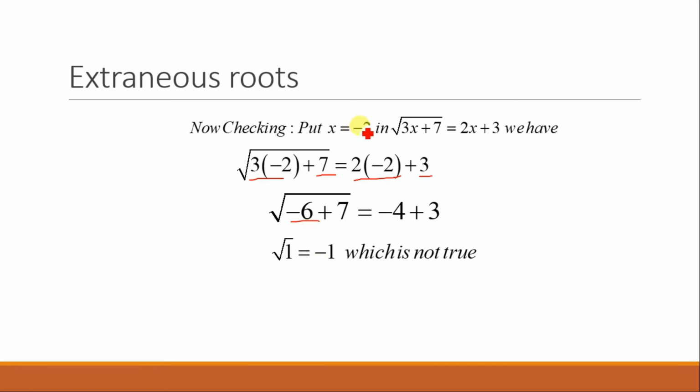Hence, this root will be called an extraneous root and will not be included in the solution set of this equation. So the solution set will be equal to -1/4.